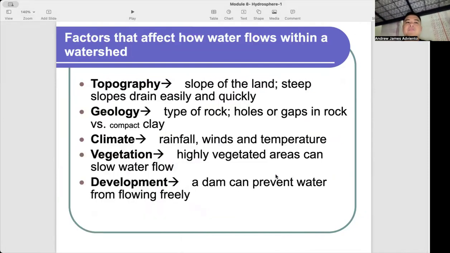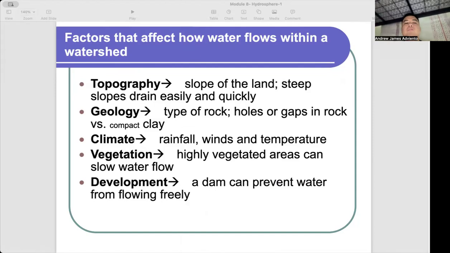Okay, let's go now to the factors that affect how water flows within a watershed. Water does not move randomly. It depends on several factors. The first one is what we call topography, and this is steepness, which of course equals a faster flow.